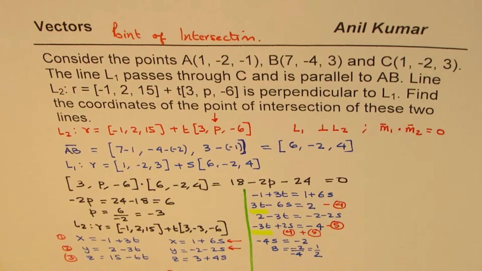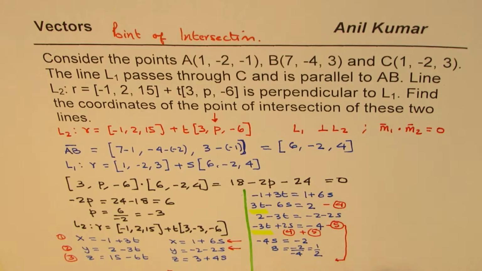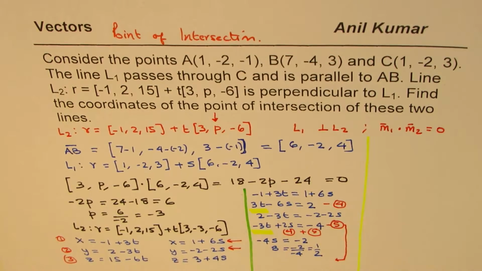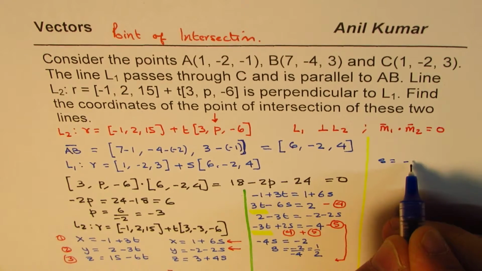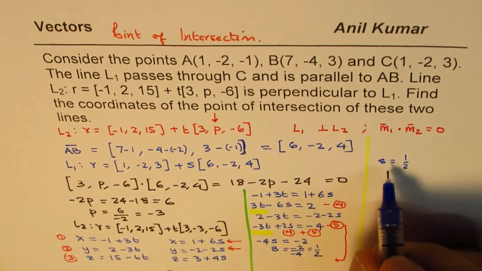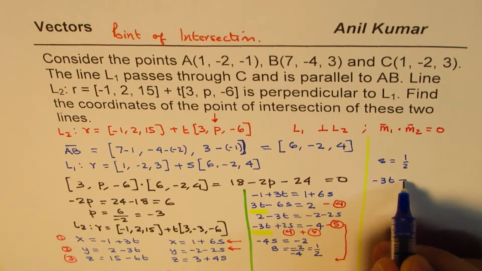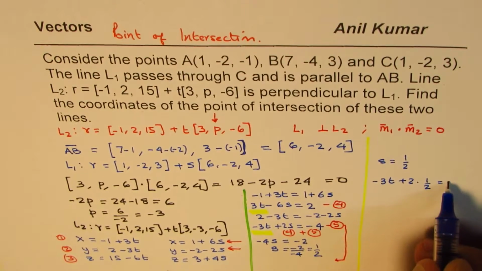You can use any equation, so let's use equation 5. In equation 5, we'll substitute the value of s as half and then find the value. Let's do it on the right side, where we still have a lot of space. We have s equals half, and we substitute this in equation 5, which is minus 3t plus 2 times s, which is half, equals minus 4.